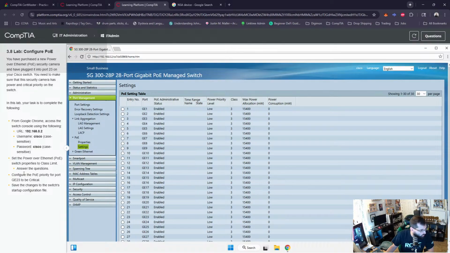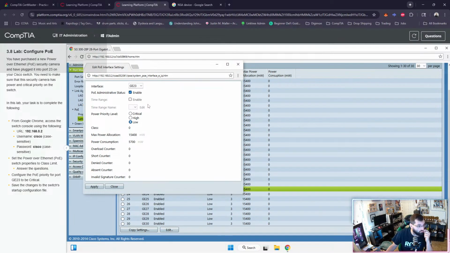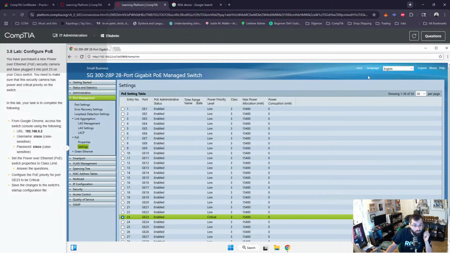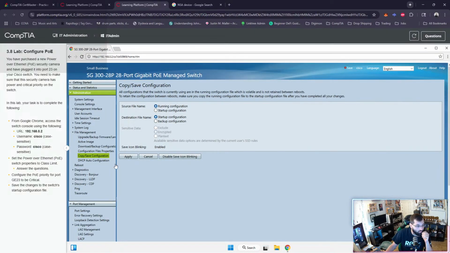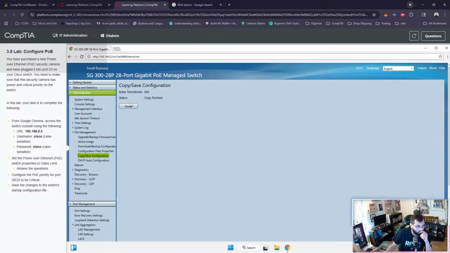So we need to go to GE23 and we need to make it a priority. So it's critical. Power level, priority level is critical. Save the changes. Done.